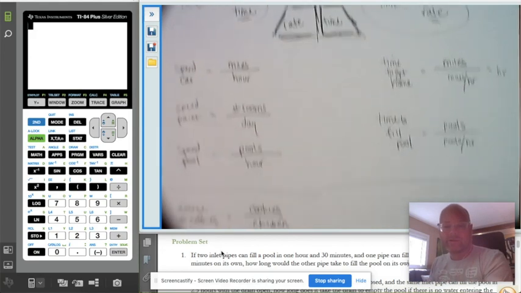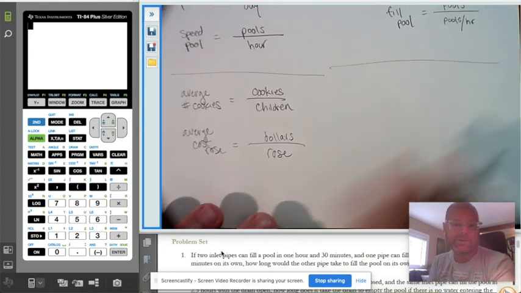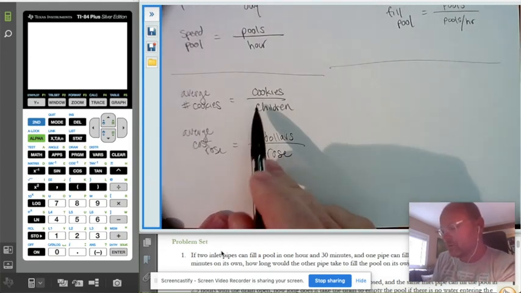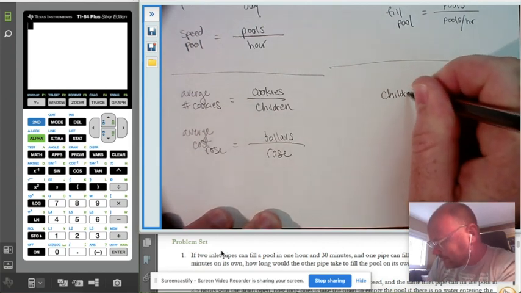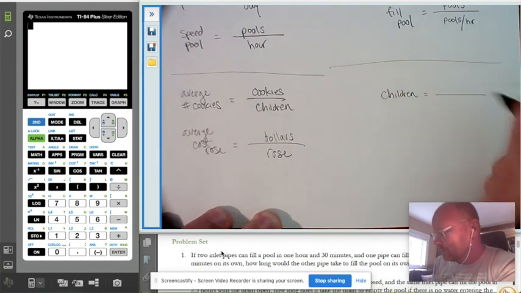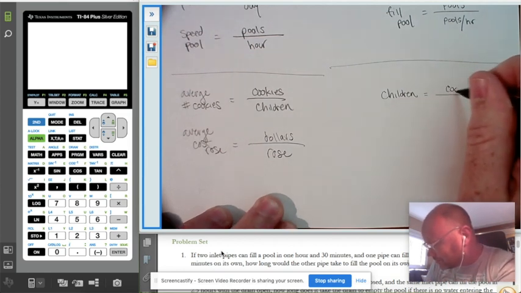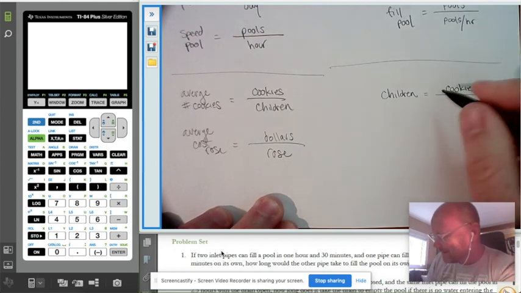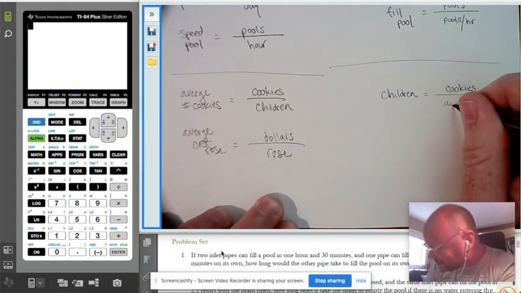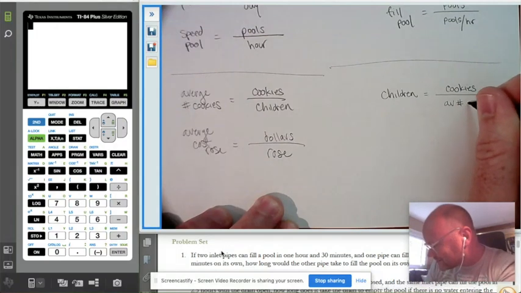You can also manipulate these equations. If you wanted to know the total number of children in a classroom, the total number of children would be the total number of cookies that they ate, divided by the average number of cookies per kid.